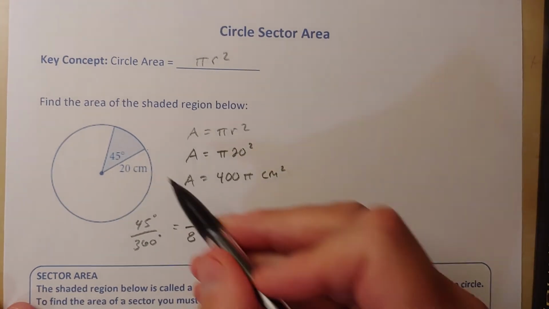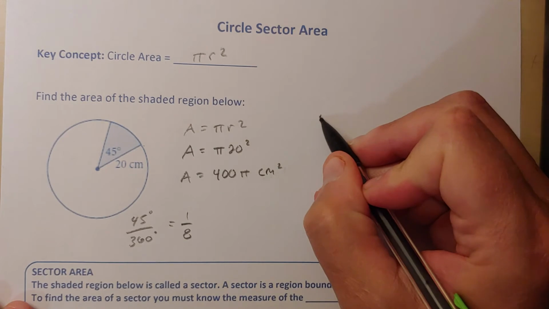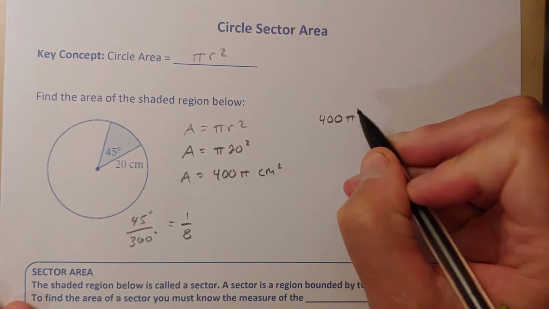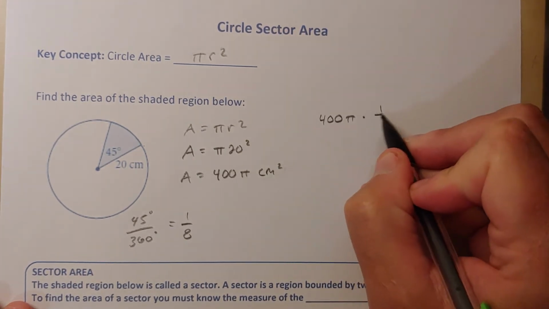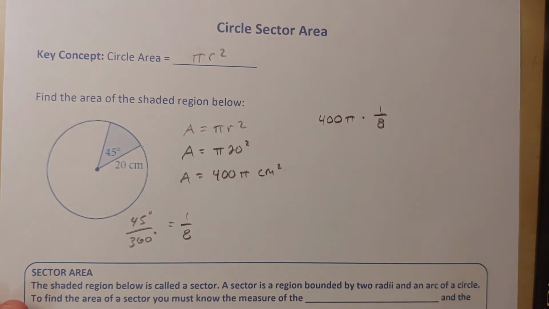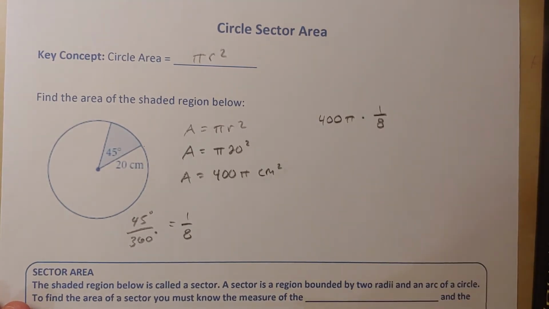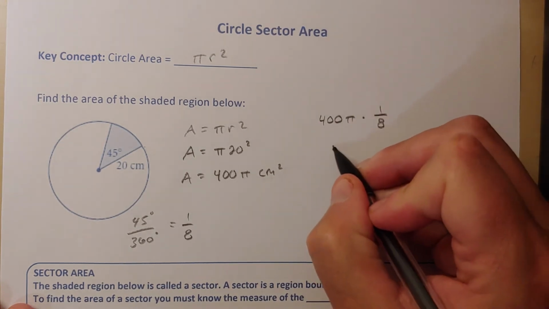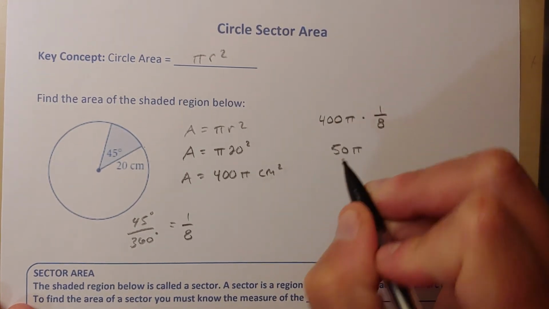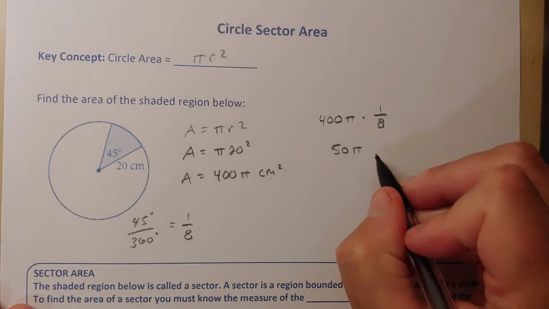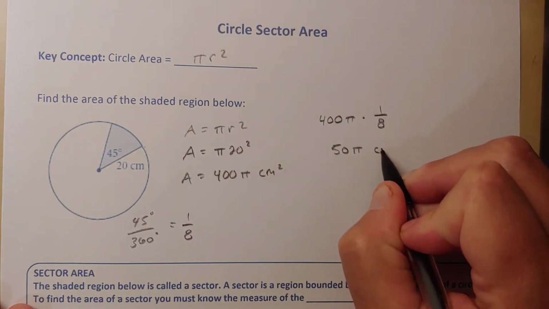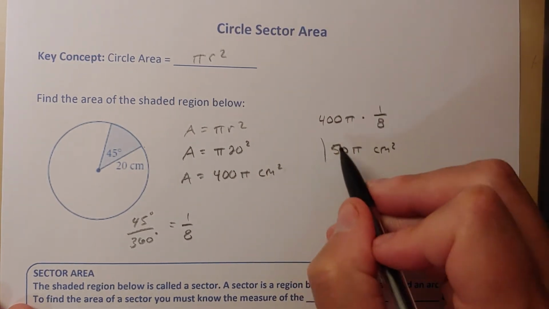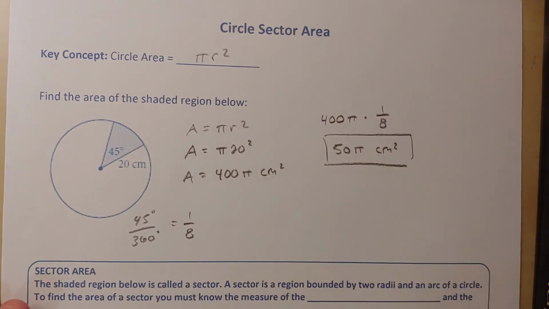So the area of this sector is actually the circle area times 1/8, or divided by 8. And so 400 pi times 1/8 would be 50 pi. And so now we know the area of that sector is 50 pi square centimeters.